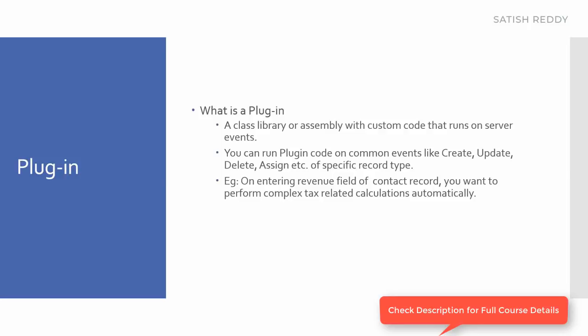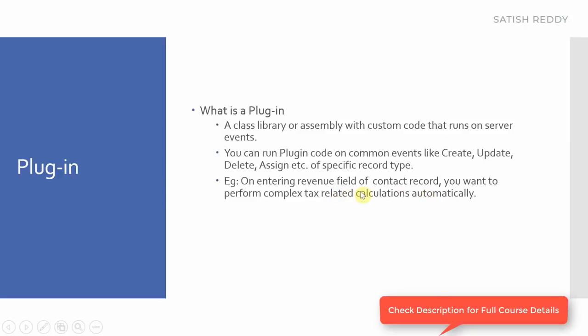For example, on entering the revenue field of a contact record, you want to perform some complex tax related calculation automatically. This is a perfect example for writing a plugin, because we want to calculate some tax or do some logic which is not available in the product. Hence the custom code.